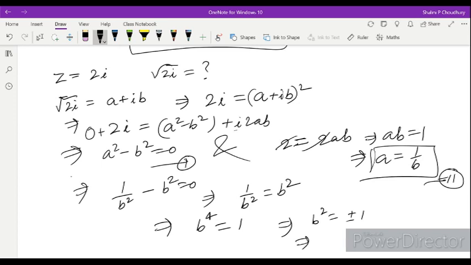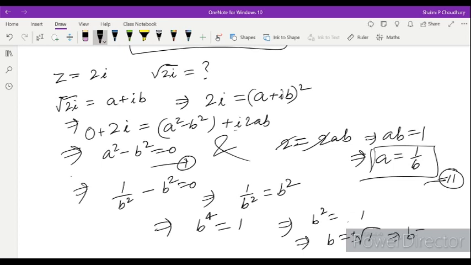Then b will be equal to square root of, here we can't take minus 1 because square root of minus 1 will be an imaginary number, but b should be a real number, so we take only the positive value. It means square root of 1. So b will be plus minus square root of 1.